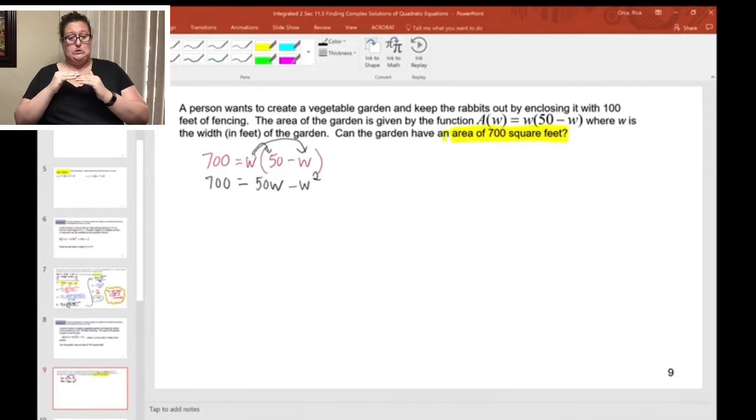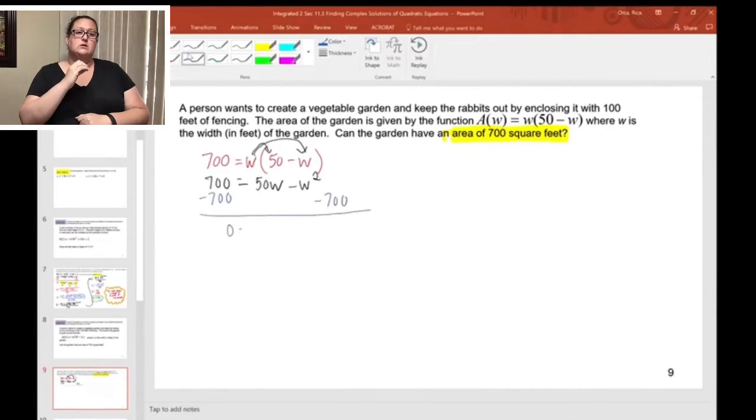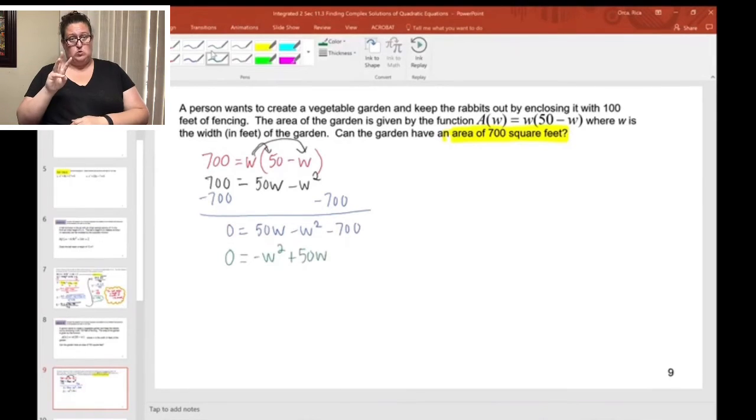Class, now we have a quadratic equation, and with quadratic equations, they need to equal 0. Subtract 700 from both sides, and we get 0 is equal to 50w minus w squared minus 700. This looks a little messy, so let's rewrite it in standard form. 0 is equal to negative w squared plus 50w minus 700.